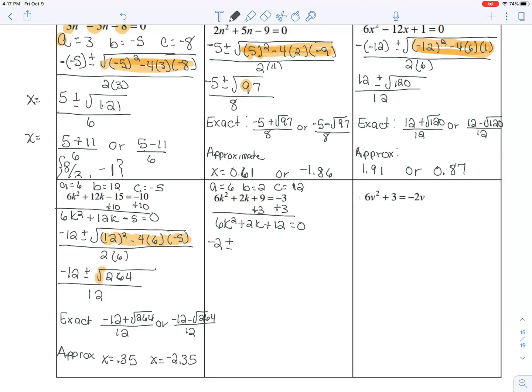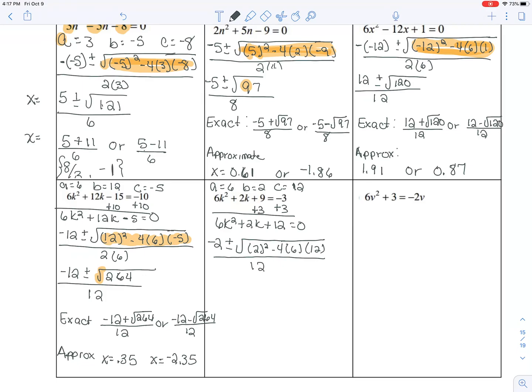So we have negative 2 plus or minus the square root of 2 squared minus 4 times 6 times 12. Now when we do this, we're going to get an imaginary answer.